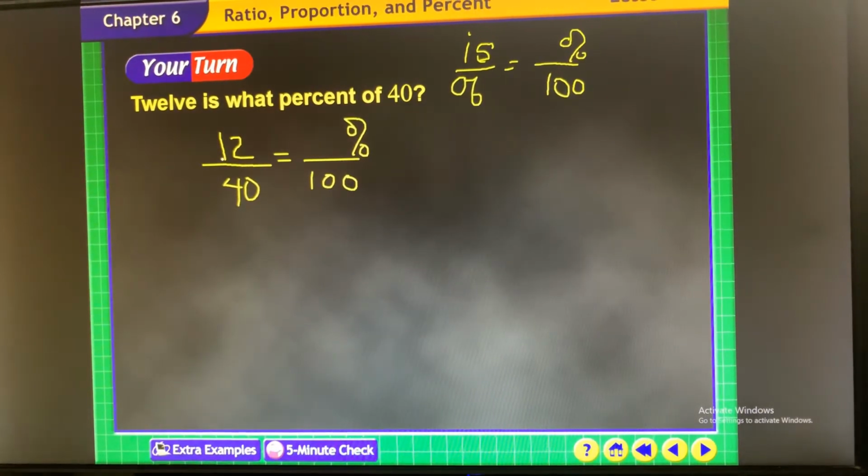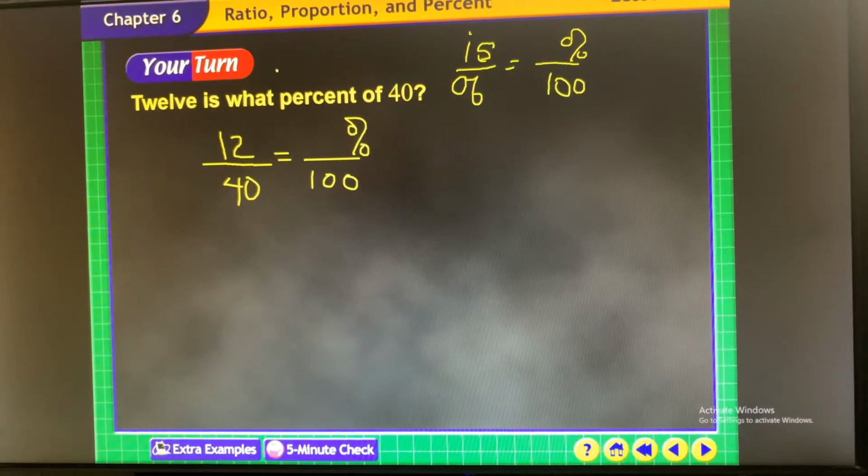Cross multiply, 1200 divided by 40, and you get 30. So 12 is 30% of 40. Makes sense. 12 is quite a bit smaller than 40, so it's not a huge percentage. It's less than half, because half of 40 is 20. 12 is less than half, and 30% is less.